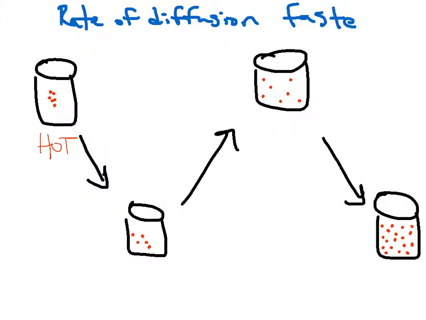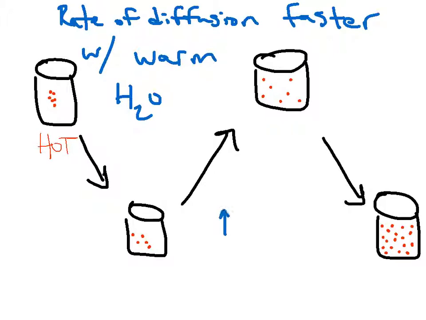So what can we then say about the relationship between temperature and the movement of particles? And that's that if we increase temperature, movement is faster.